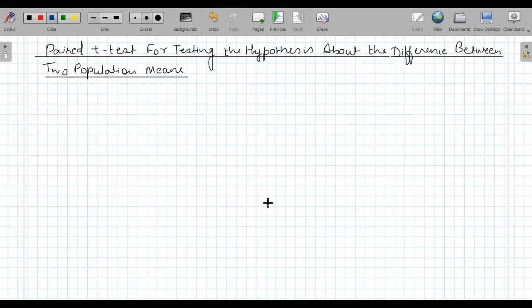But here in paired t-test, samples are not independent of each other. So this type of test is called paired t-test, meaning samples are related to each other. We are dealing with two populations here and samples are drawn from both populations and those samples are not independent of each other.